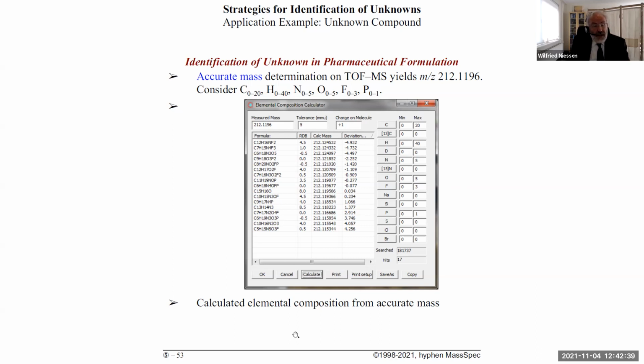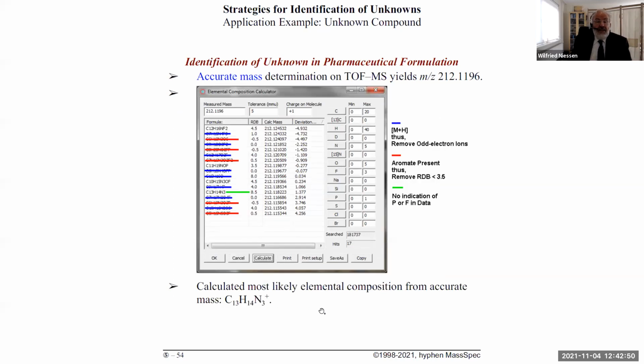And please be aware of the fact that this is not the best program available. There are far more intelligent programs than this, but in this particular case, I get 17 hits and I use it. And then I start clearing the hits. First, I know I have produced an M+H because I was doing electrospray, so we can remove all odd electron ions from the list, which are all the ions which give you an RDBE of an integer value.